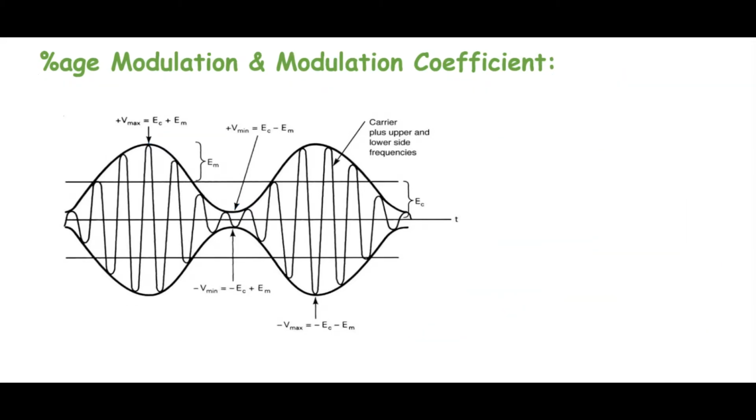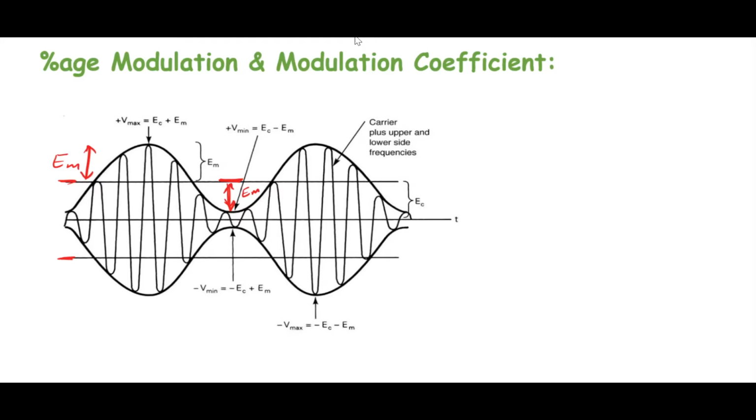Now as you can see in this diagram, these two lines are the actual amplitude of the carrier wave, and the distance from here to here is the amplitude of your message signal. Likewise, in this valley, this line is the actual amplitude of the carrier, and this distance from here to here is the Em. When I say Em, I mean the maximum amplitude of the signal.